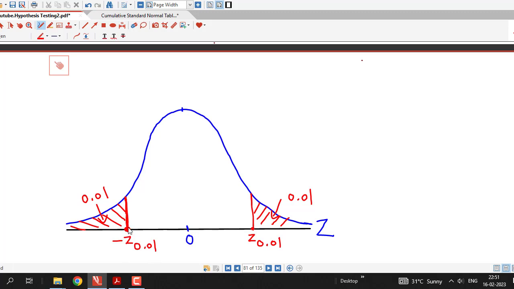We are interested in this critical point, and this is going to be a rejection region. So if we can decide the critical point minus z suffix 0.01 or z suffix 0.01, then we can decide the rejection and non-rejection regions.